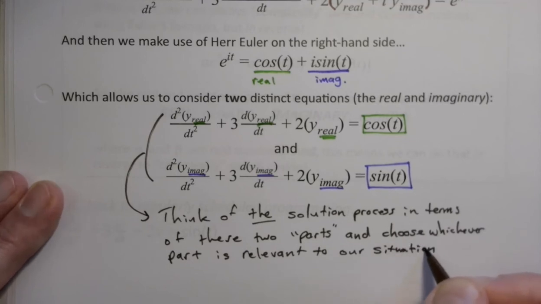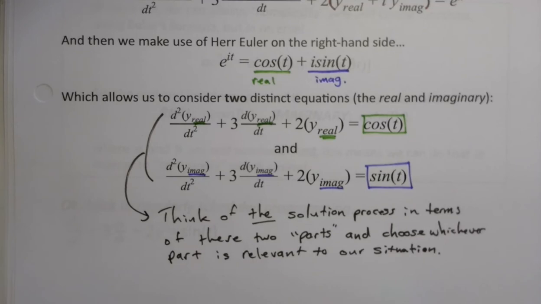So if we're looking at a situation that involves a cosine or a sine as a forcing function, we can pay attention to the real part and the imaginary part.